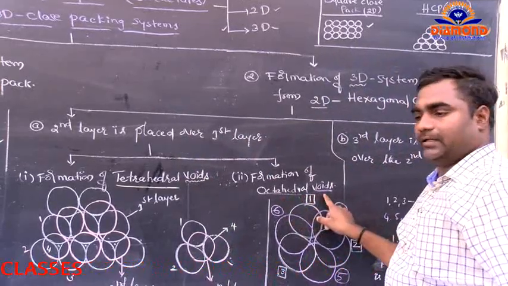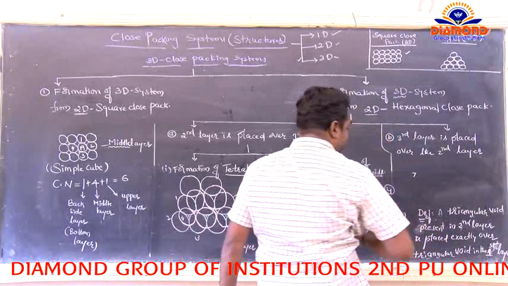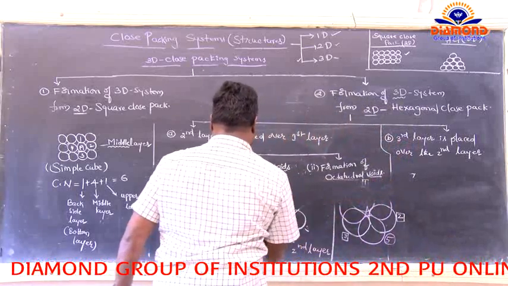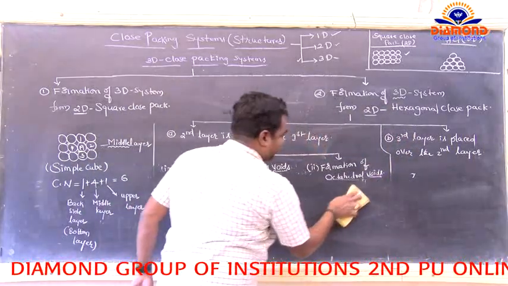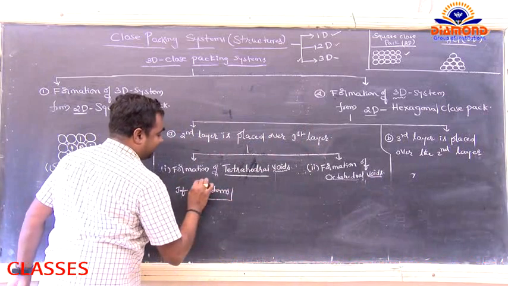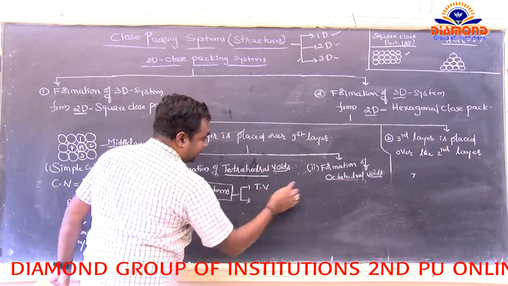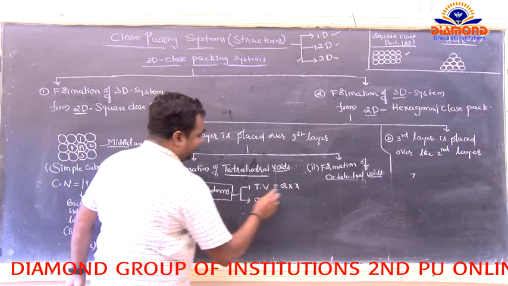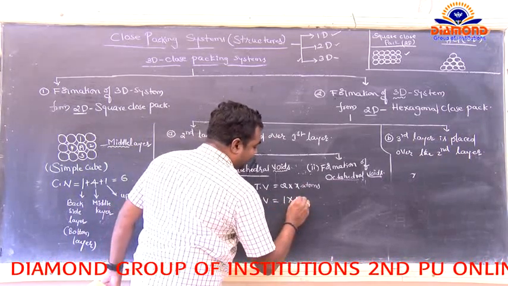Now the total number of octahedral voids: suppose x number of atoms are present, then the total number of tetrahedral voids formed is equal to 2 into x atoms, and the octahedral voids are 1 into x.